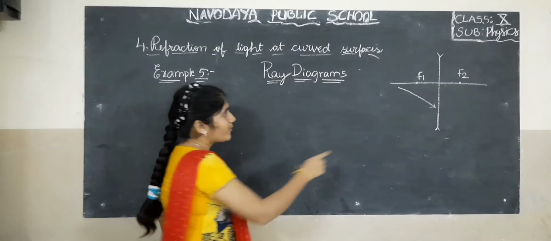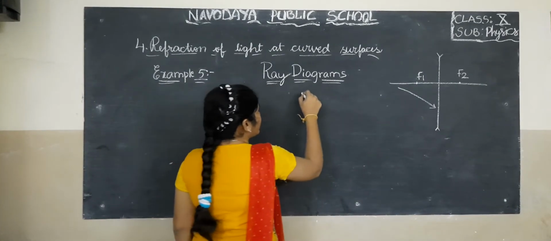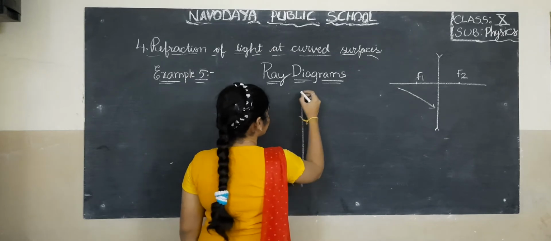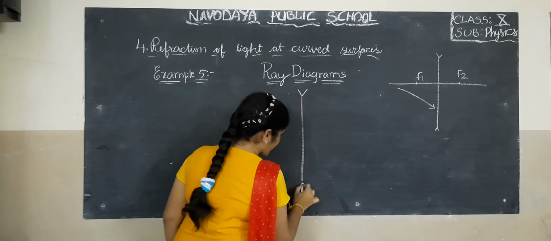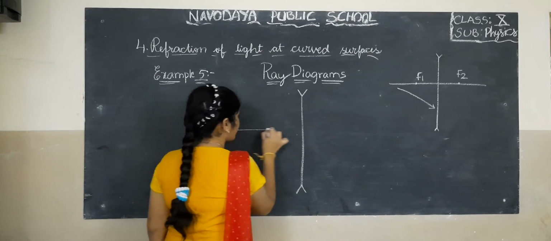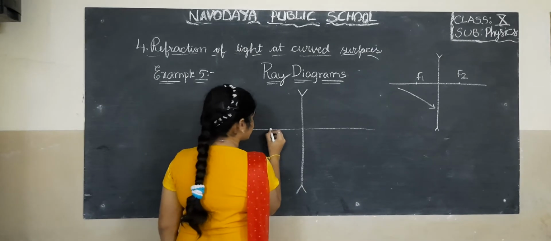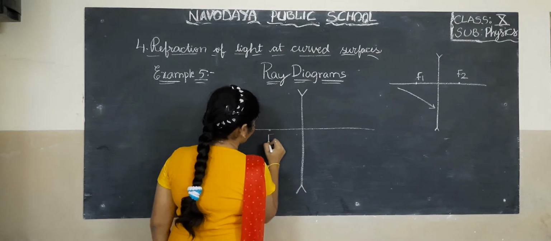Now we have to complete the ray diagram for the concave lens. Now draw the concave lens, and we have to draw the principal axis which is passing through the concave lens, and we have to mark the points as F1 and F2.